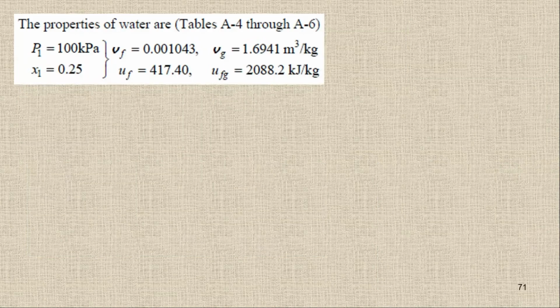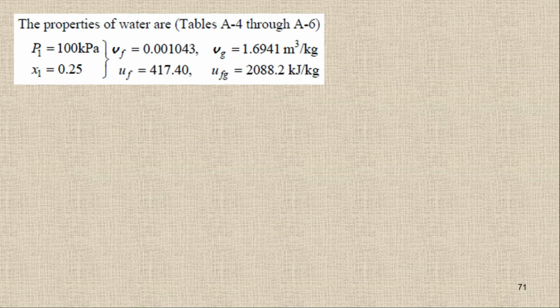So these are the values from table A5. Against pressure of 100 kilopascal, the quality X is 0.25, because in the question it is written that 3/4 of the substance is in liquid phase. So the remaining 25% or 1/4 is in vapor phase, so the X value is 0.25.